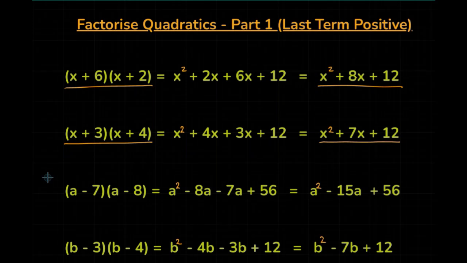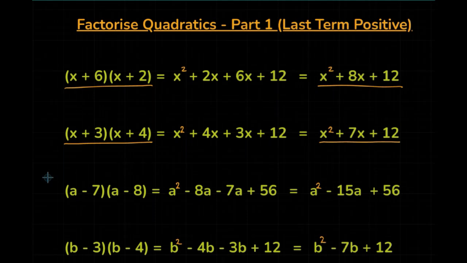Now, to do that, we need to understand how to reverse the process of expanding and simplifying a double bracket. If you can't remember how to do that, then I suggest you go back and look at my previous video, which was on expanding and simplifying double brackets.